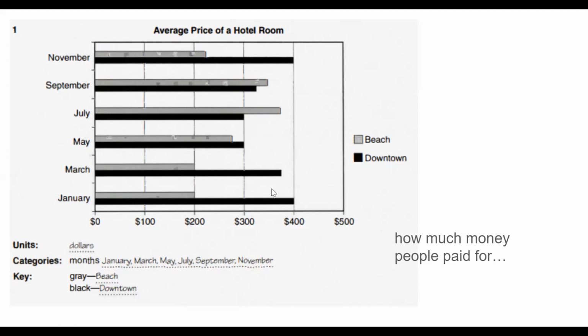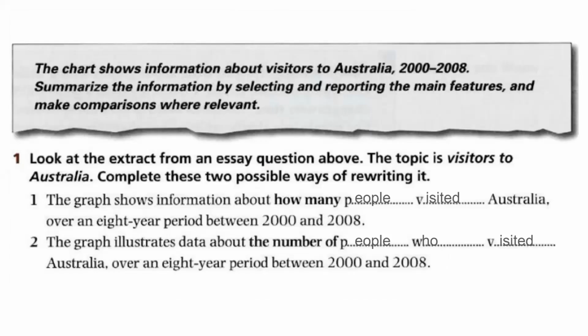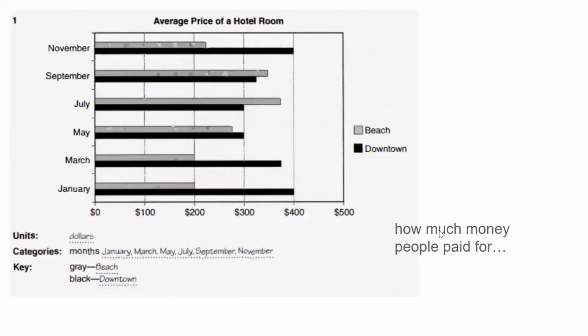If we talk about that matter that we had here, yes, you can say how much money people paid for a hotel room, right? This is another word, another phrase to say price. Yep, sometimes in order to paraphrase, we just simplify. Instead of price, we say money people pay.